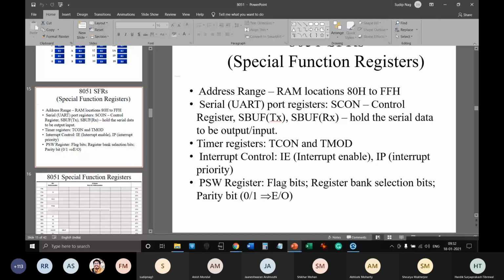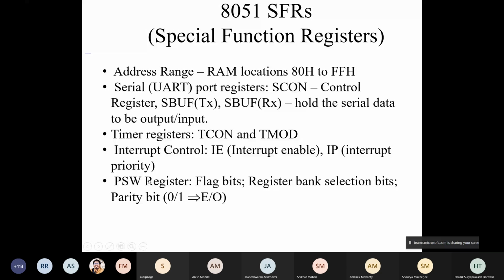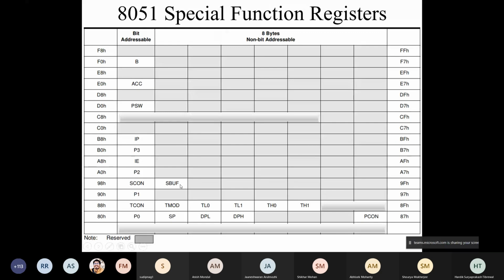Parity, the number of zeros and number of ones, is counted automatically. Those are some extra status bits that are actually updated in the PSW, or program status word, register.